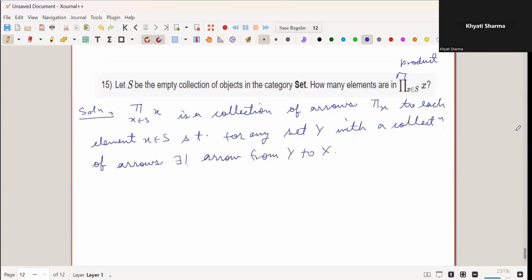Now since S is empty, we have only the second property.